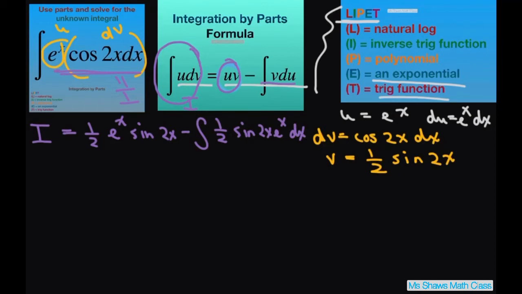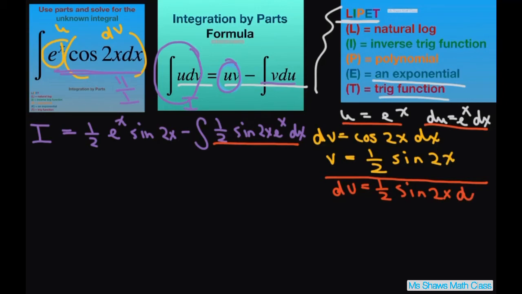All right, so what we're going to have to do is integrate this again. So we're going to have to do integration by parts again. Again, I'm going to let u be e to the x power, and du equals e to the x dx. And so our dv is going to equal 1/2 sine of 2x dx.